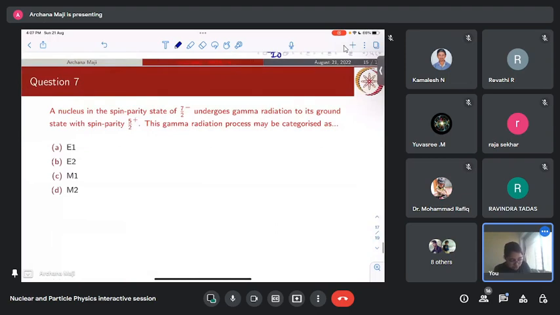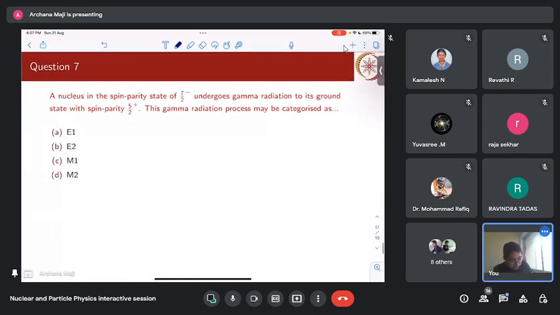Let's solve the 7th question. A nucleus in the spin parity state of 7/2 minus undergoes a gamma radiation to its ground state with spin parity 5/2 plus. This gamma radiation process may be categorized as which one?